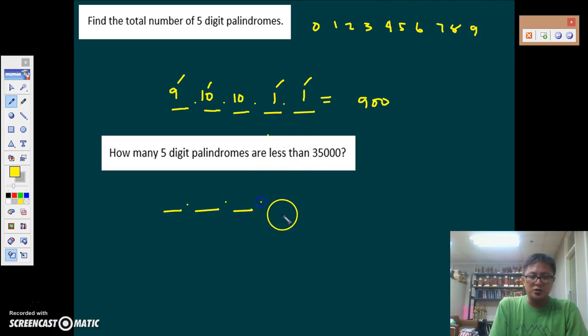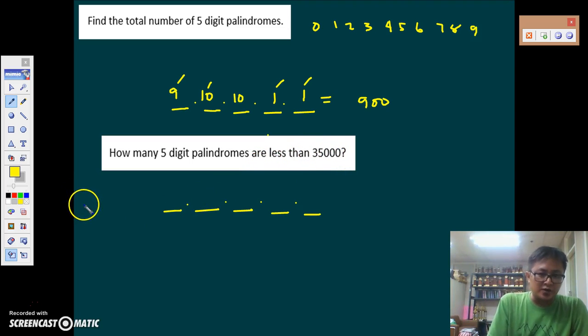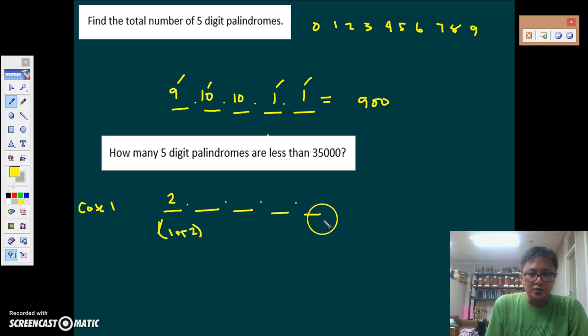If it begins with 3, then the second digit must not be 6, 7, 8, 9, and so on, because it would be a number that is greater than 35,000. So let's divide our cases into 2. Case 1, if this digit here is either 1 or 2. So we have 2 choices here. Whatever we pick here, it's also the same here.